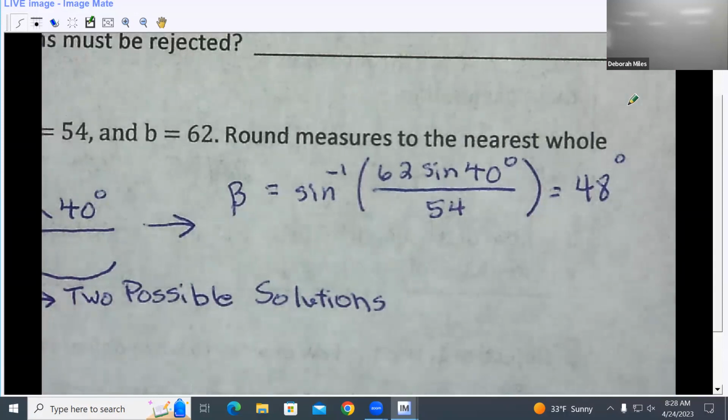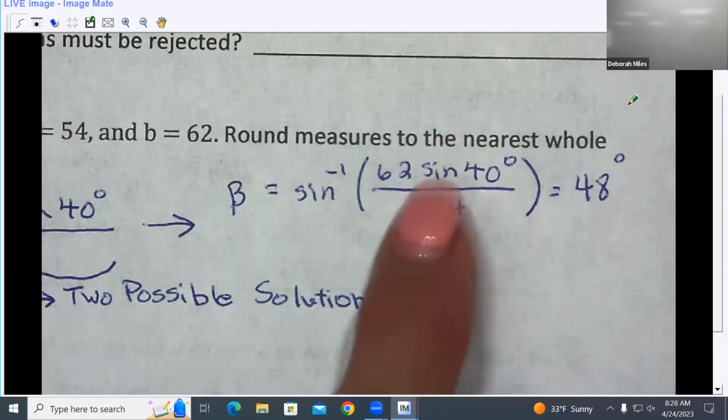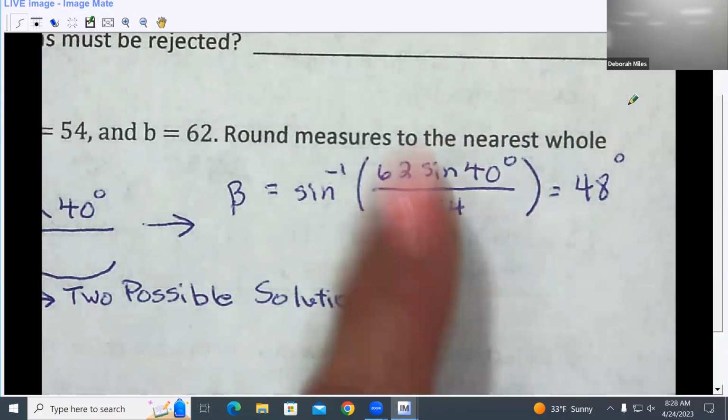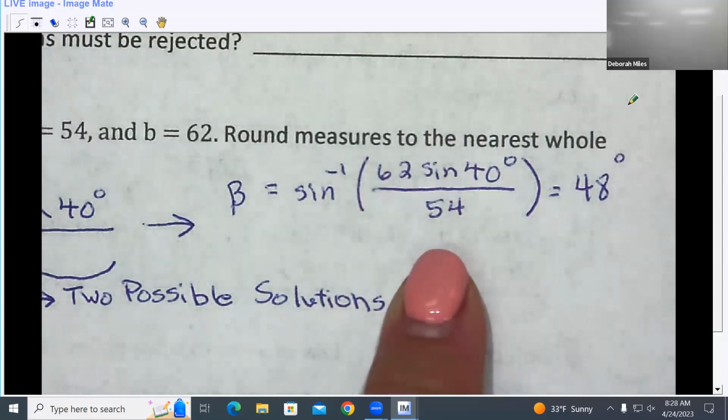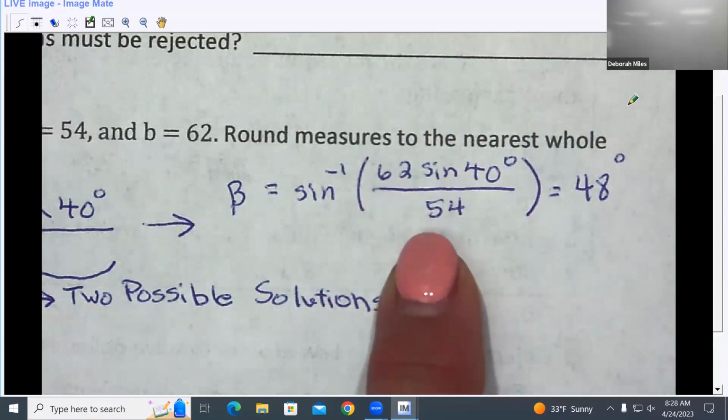Now, how can there be any other solution? This is a positive number in parentheses, right? Positive number less than 1. In what other quadrant am I going to have an angle whose sine is the same thing?